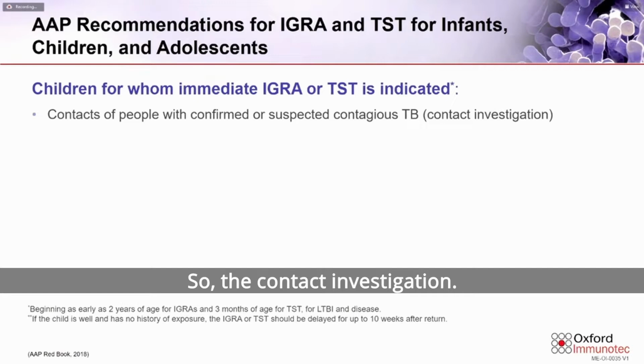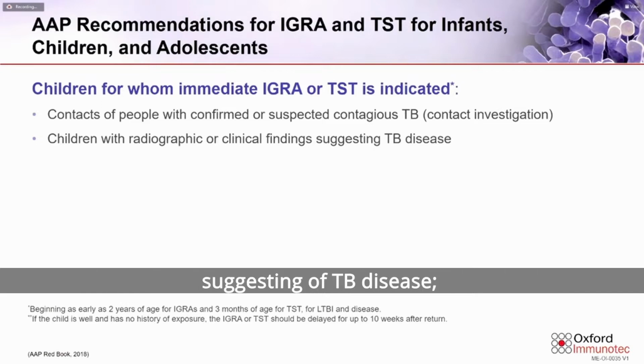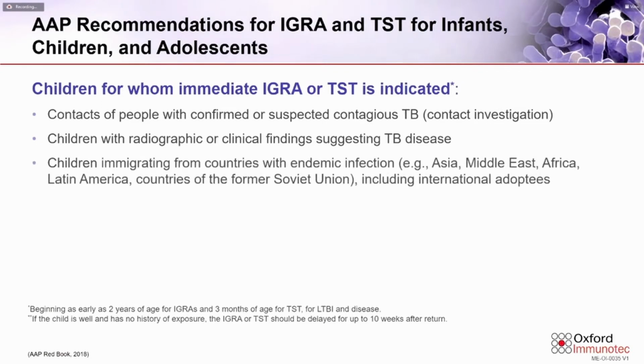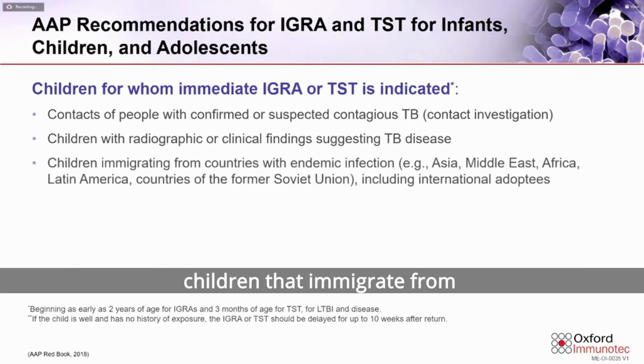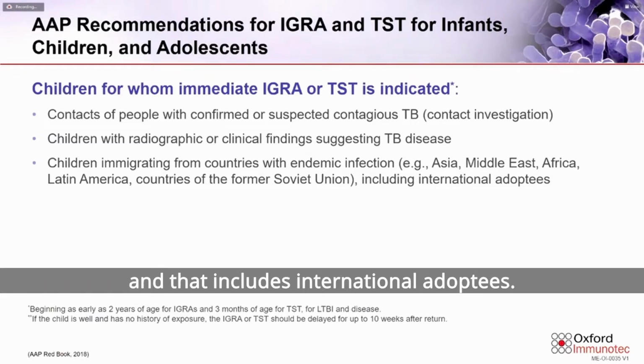So the contact investigation. Children that have radiographic or clinical findings suggestive of TB disease. Children that immigrate from countries with endemic infection, and that includes most of the world except for some of the countries in Europe and North America, and that includes international adoptees.